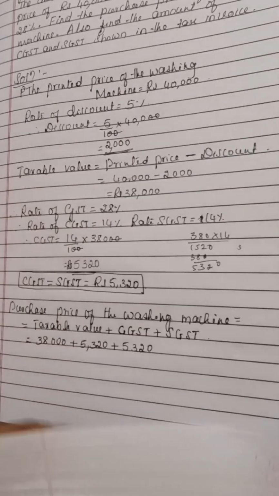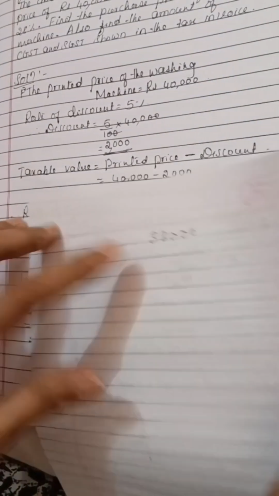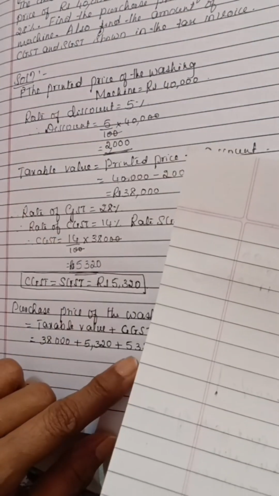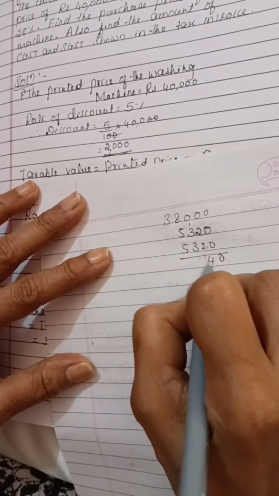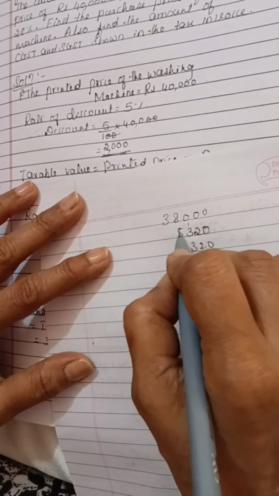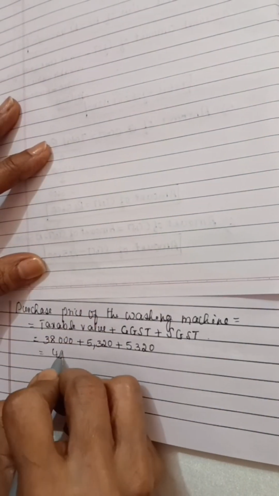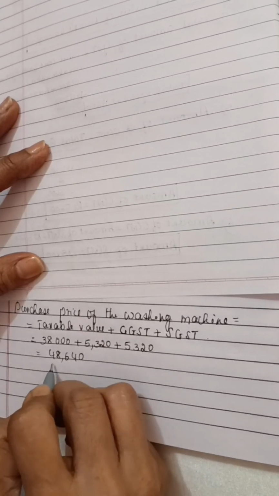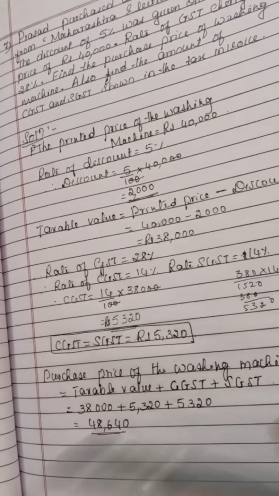This is 38,000, then 5,320, then 5,320. 0, 4, 6, 10, 10, 18. This is 48,640. So we have to write the answer here.